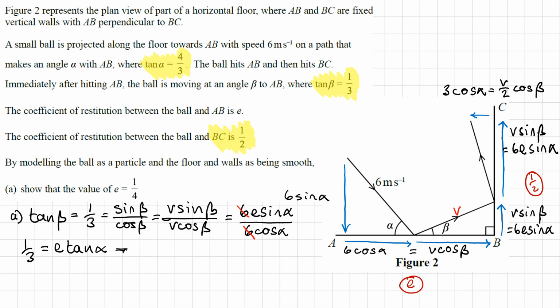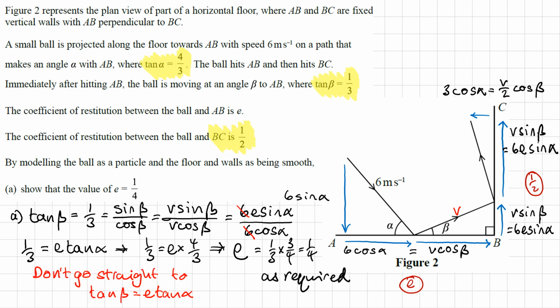So tan alpha, that is 4/3. So I've got 1/3 is equal to E times by 4/3. So basically E is equal to 1/3 times by 3/4, which is 1/4 as required.